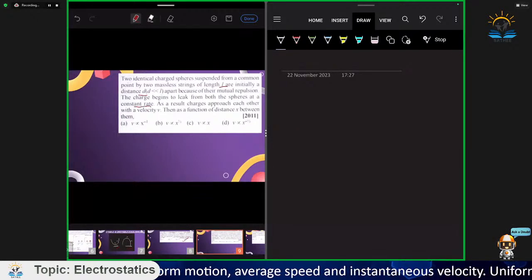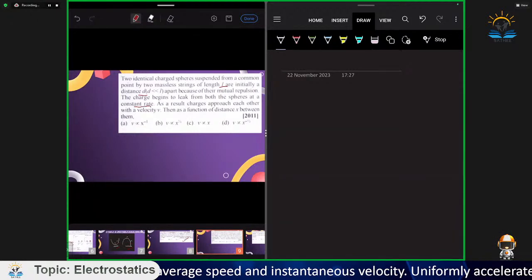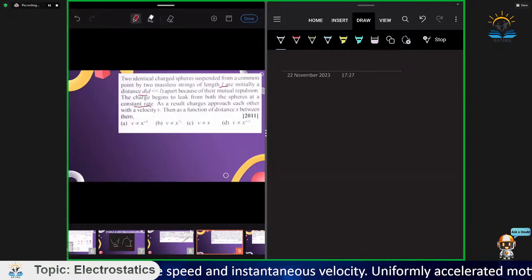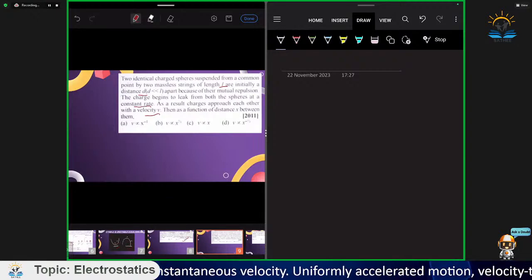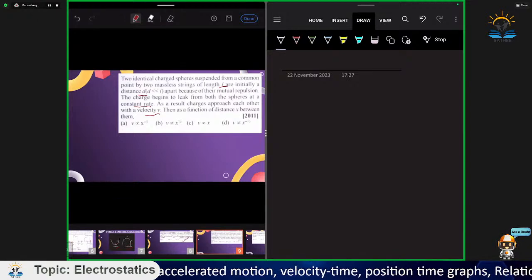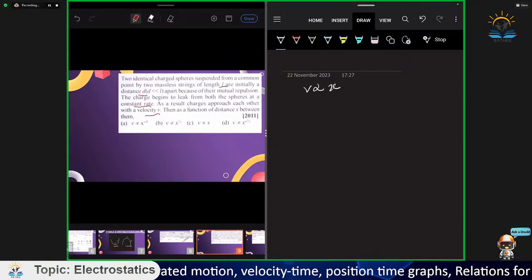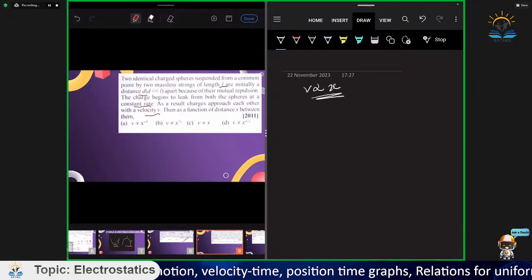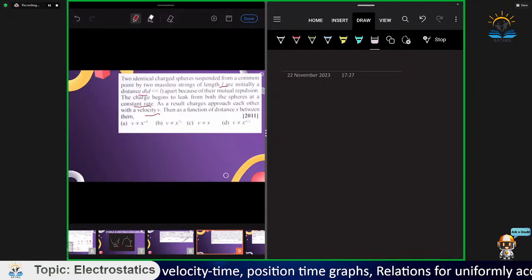As a result, the charges approach each other with a velocity v. Why? Because if charge is leaking, the repulsive force will decrease. That's why the charges are approaching with velocity v. As a function of the distance x between them, we have to find out the relation between the approaching velocity and x.